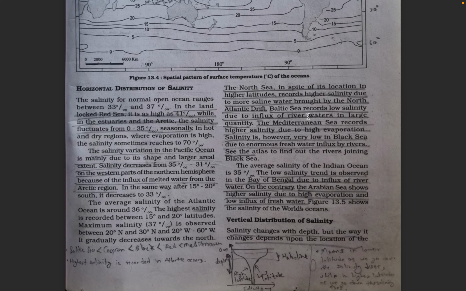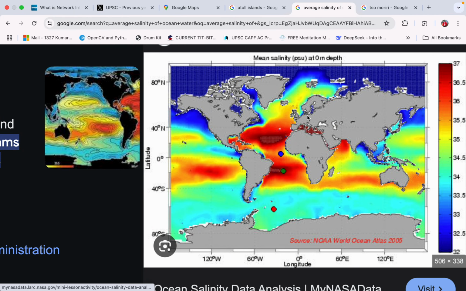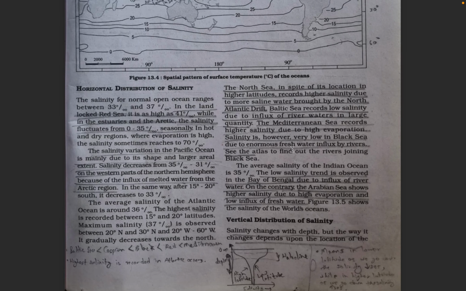The Baltic Sea records lower salinity because of the influx of water. This area has lower salinity because of the high influx of rivers. Sweden is a country of lakes, so lakes put water here by small streams.